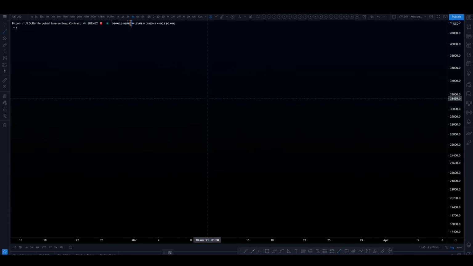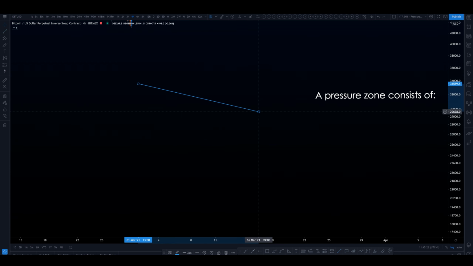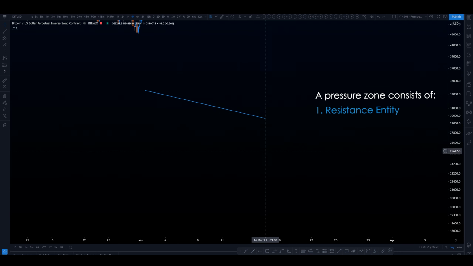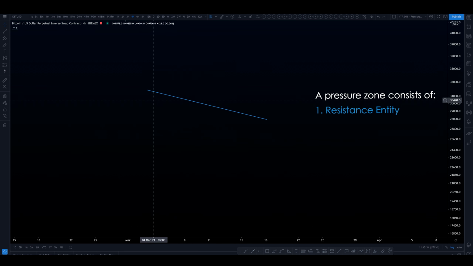So what is a pressure zone? Let's keep it very simple. A pressure zone has two main attributes. The first one is we do have a resistance entity. A resistance entity is an object in the space of technical analysis on your chart that acts as resistance.